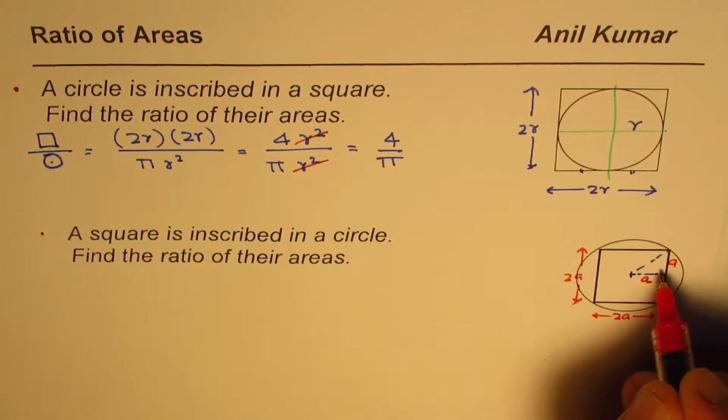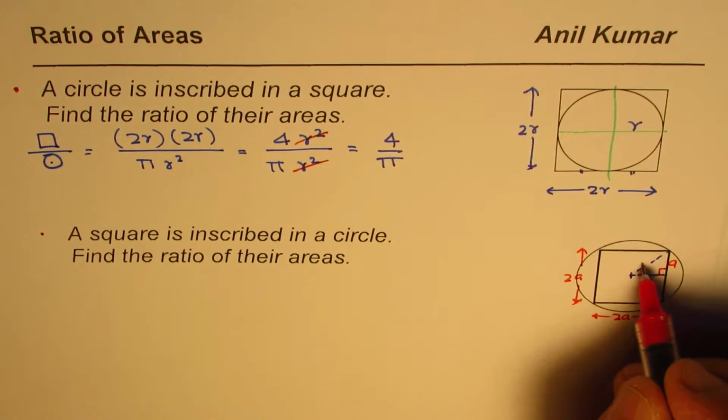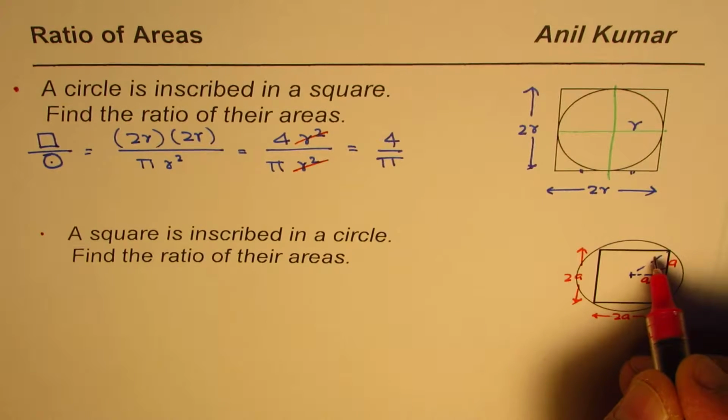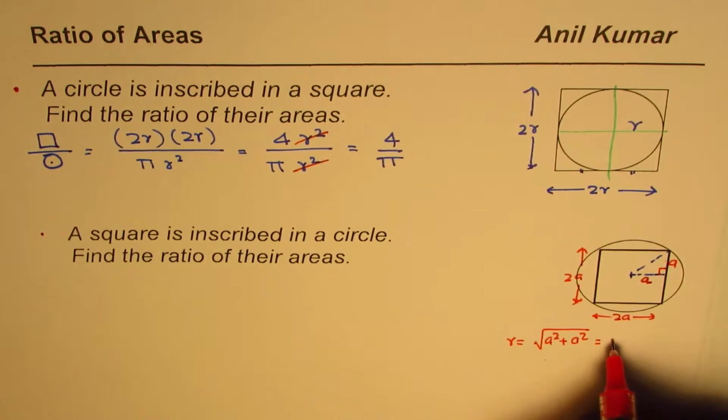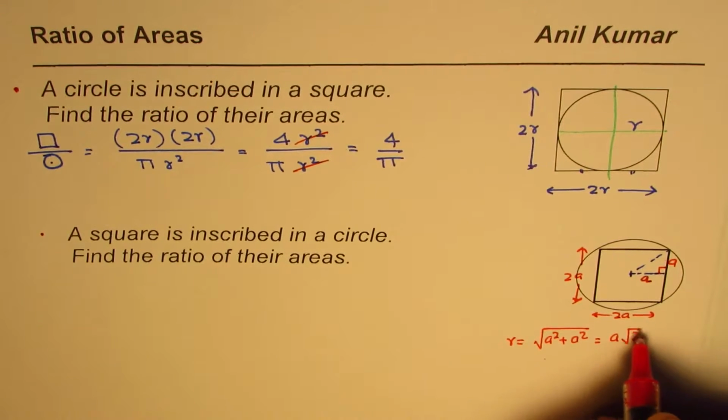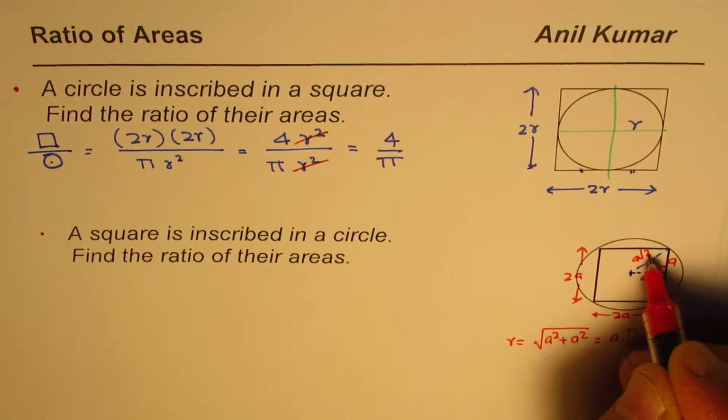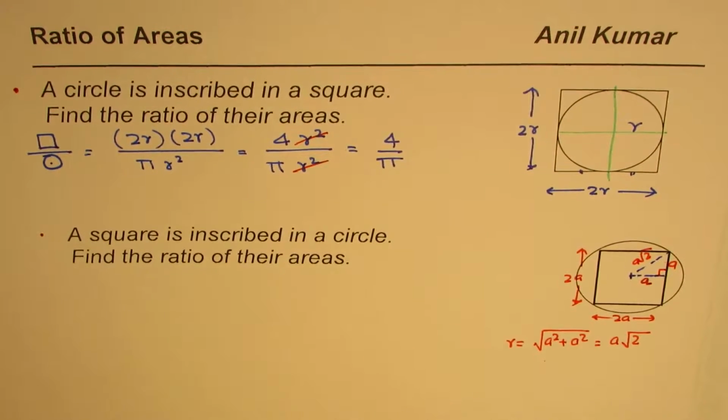Now these two sides are a, and that is 90 degrees, both are equal. So the radius will be the square root of a square plus a square, which is a square root 2. So a square root 2 will be the radius, correct? I hope you understand this concept.